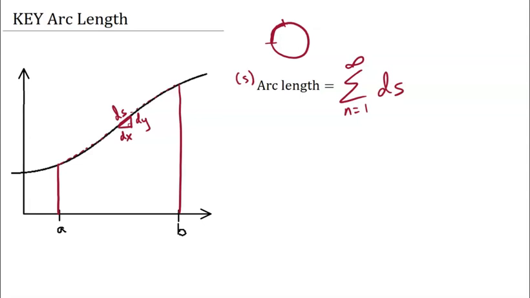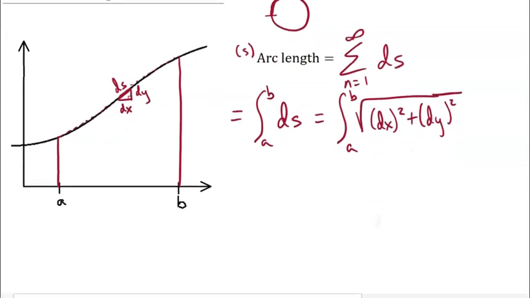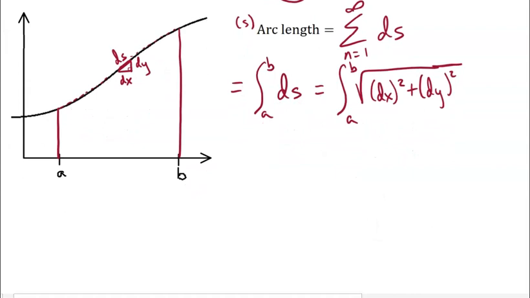So we can write that as the integral from a to b of ds, which from the Pythagorean theorem is the integral from a to b of the square root of the quantity dx squared plus the quantity dy squared.